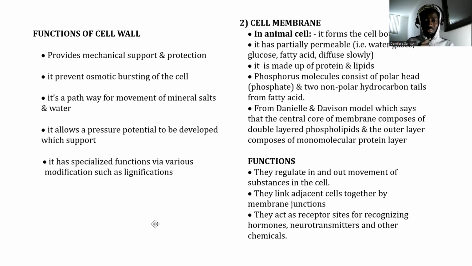Are you getting me? So there will be balancing of nutrients and water going in and out. So it's a pathway for movement of mineral salts and water. We once talked about it in the other part.